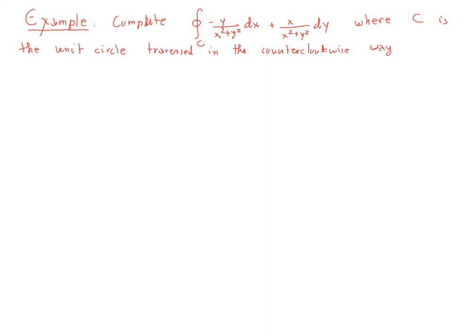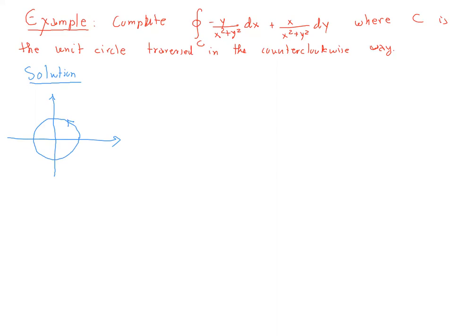So we've seen how to parameterize a circle. I would advise you to pause the video and see if you can come up with the setup for the integral yourselves. And of course, now let's do it together so that you can check your work. So again, let's sketch the circle, and we're going the counterclockwise way.